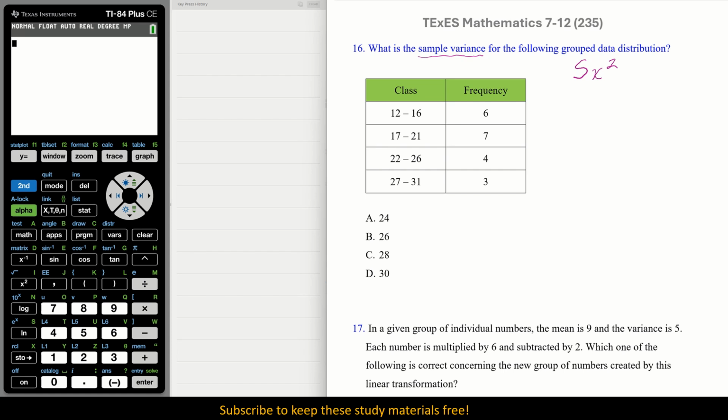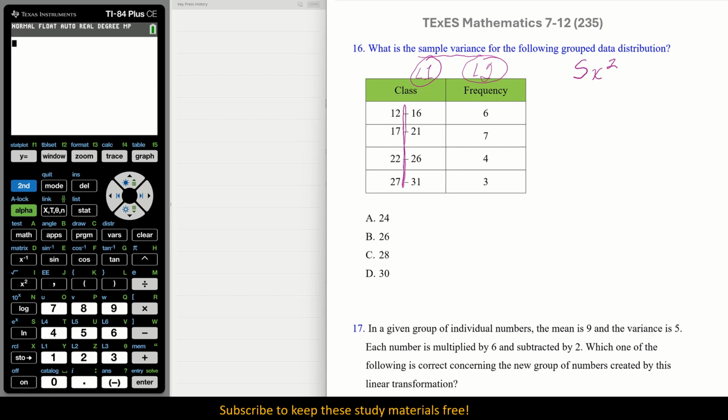We need to take all of these middle values, and they will be L1, and this will be L2, the frequency list. Let me tell you how to start. First, the class width.